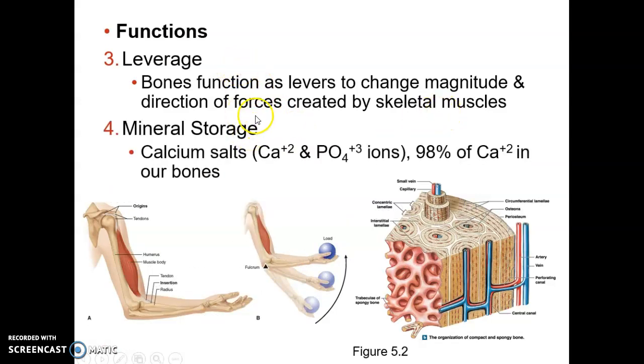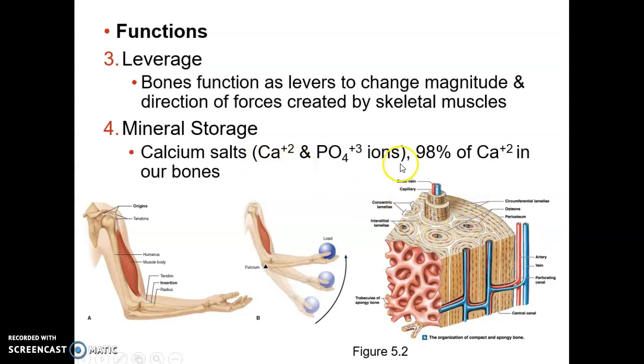movement, locomotion. Mineral storage, so calcium salts. This is calcium and phosphate ions. About 98% of our calcium ions, and calcium in terms of a solid material, is stored within our bones. So our bones are a huge reservoir of minerals.